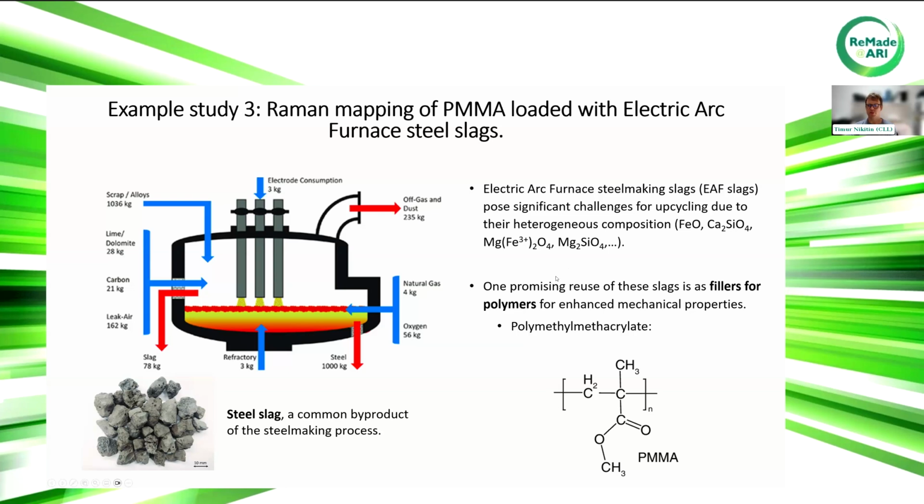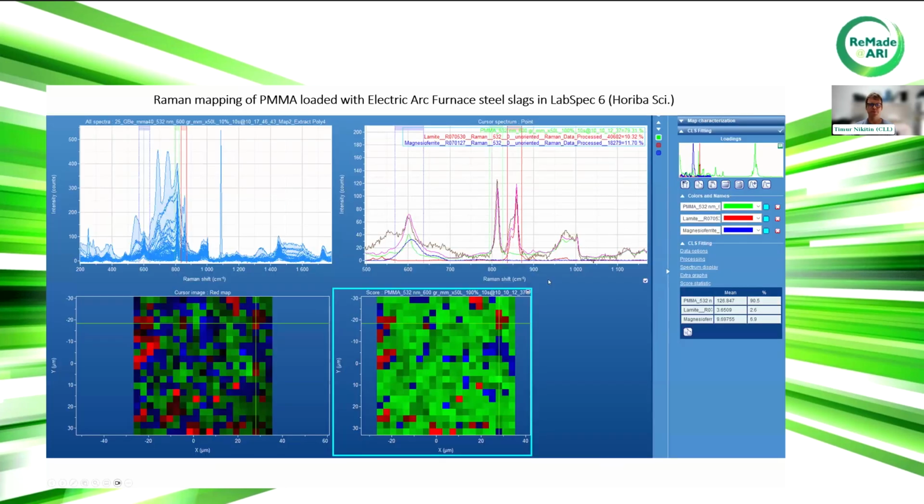So we studied one such sample, and here are the results of the study. Again, on the upper left corner, we see all the spectra together of an area, about maybe 60 by 50 microns. The step was about 4 microns. So these are all the spectra.